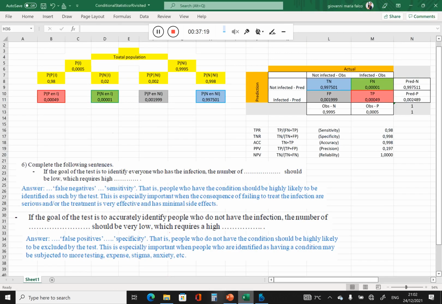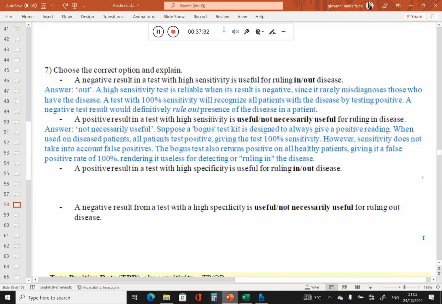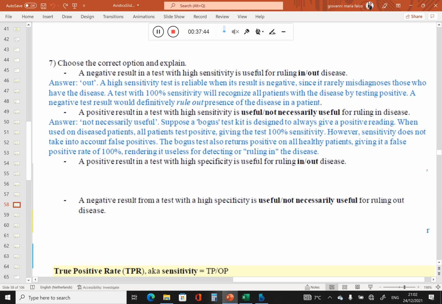And that's what we see here also: in the definition of the sensitivity, the false positives do not enter the formula. So the sensitivity does not say anything about false positives. And so if you get a positive result, even in a test with high sensitivity, it could just be that you are a false positive. So it is not necessarily useful for ruling in the disease.